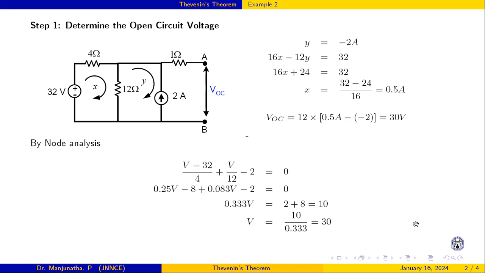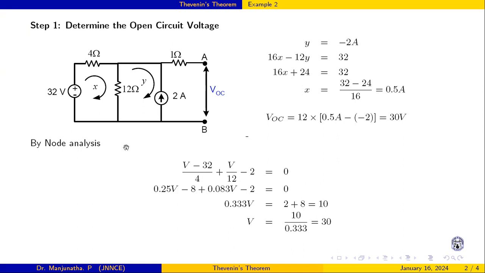We have another method also. By node analysis also, you can determine the open circuit voltage or drop across this 12 ohm. Here, there is only one node because no current flows in this 1 ohm. We write V minus 32 divided by 4. This is one current.